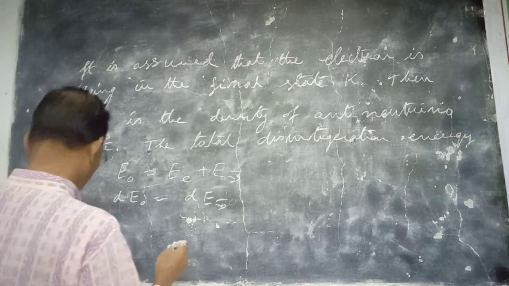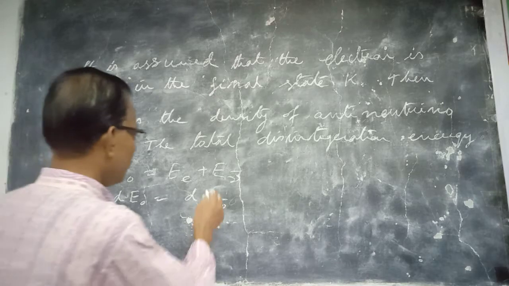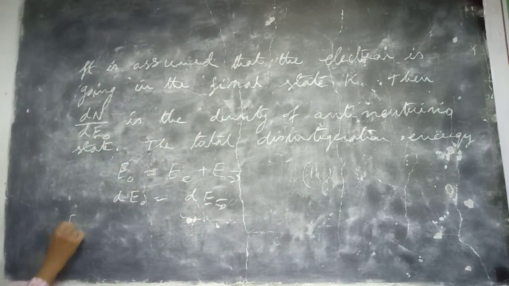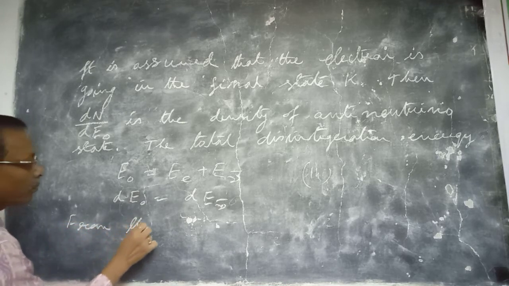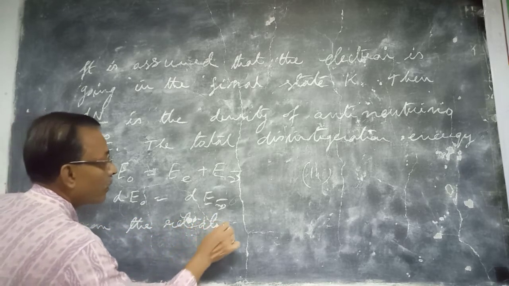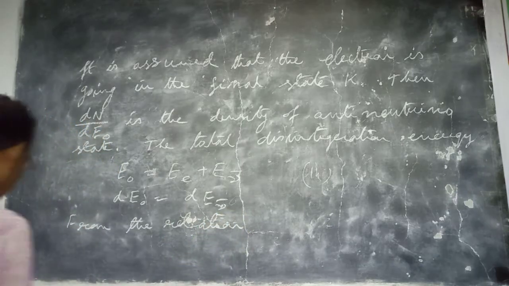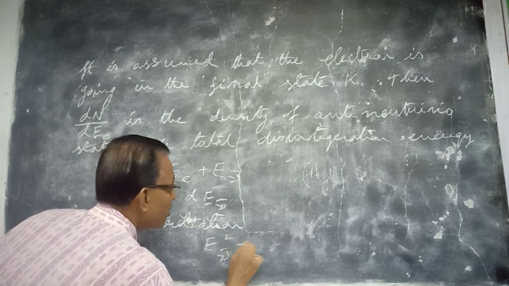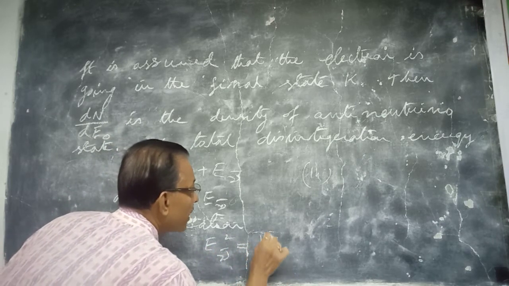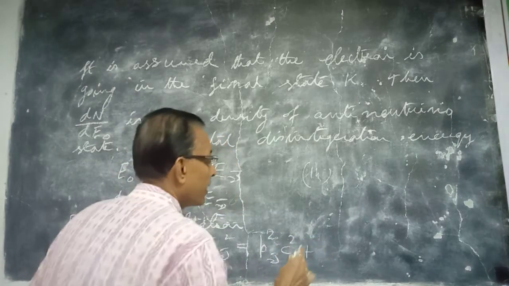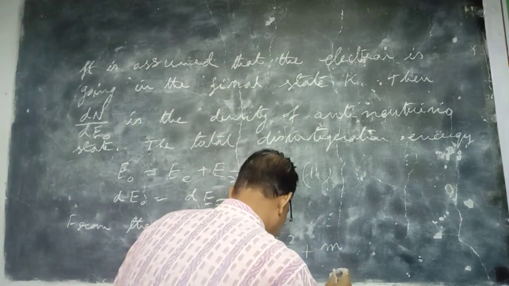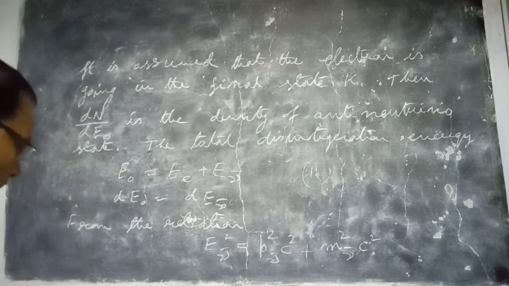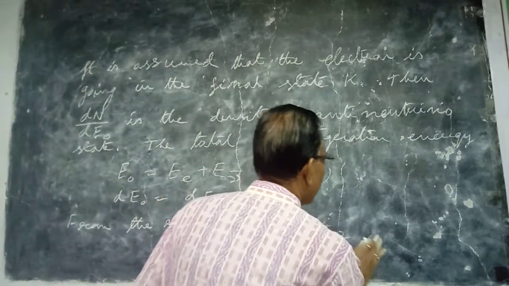Now from the relativistic energy relation, E nu bar square is equal to P nu bar square C square plus rest mass m nu bar square C to the power 4.